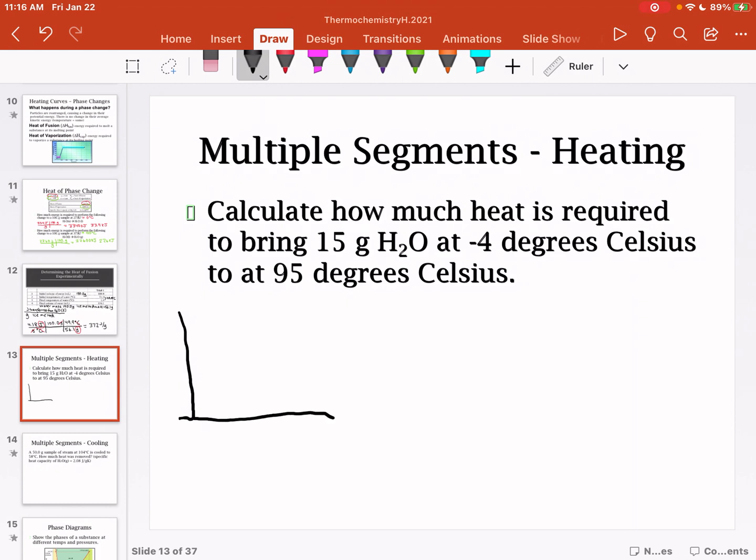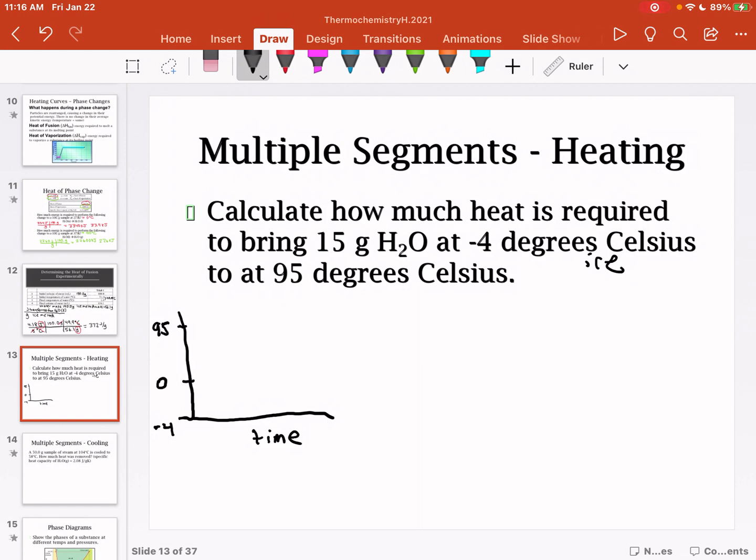So as time goes by, I'm looking to go from -4 degrees Celsius to 95 degrees Celsius. Let's sketch out what's going to occur. If I consider this is water at -4 degrees Celsius, we know this is ice. So this is a solid below its melting point. And we know that its melting point is 0.